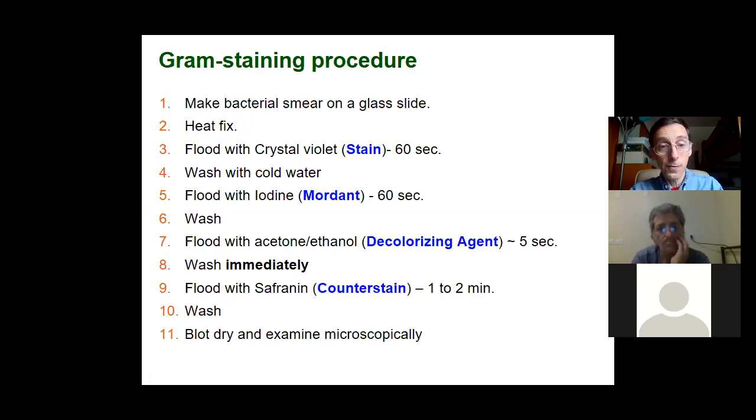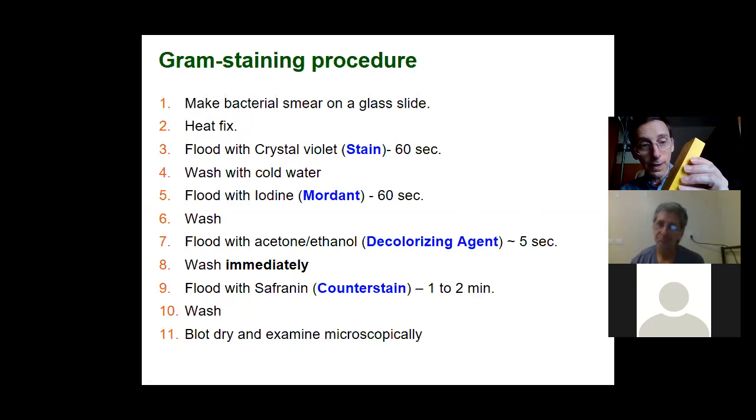Now the 7th step is the trickiest. It's called the decolorizing step or the decolorizing agent. You flood the slide with an acetone ethanol mixture and you expose it to that for only about 5 seconds. I'm going to try and show it here. This is my slide. You hold it at an angle and you look at it so that you're able to watch it.